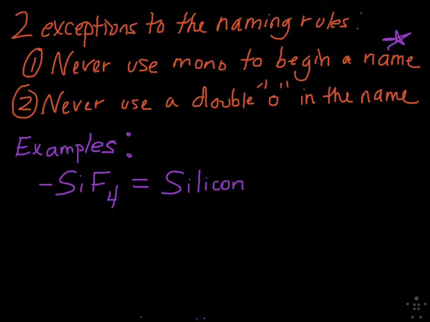And then the second part of my name, I see that I have 4 fluorine, so I've got to add the prefix for 4. So the second part of my name is going to be tetrafluoride. So I still ended with the IDE, but I had that prefix to tell me how many.